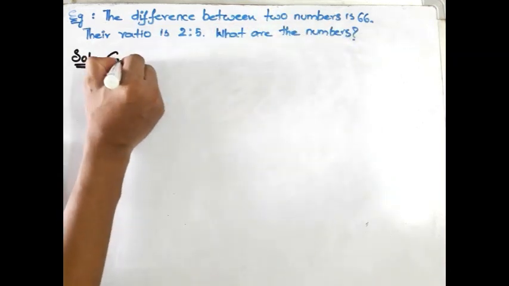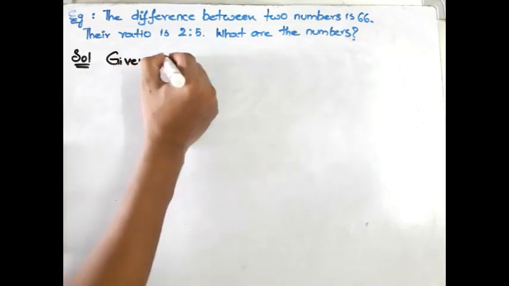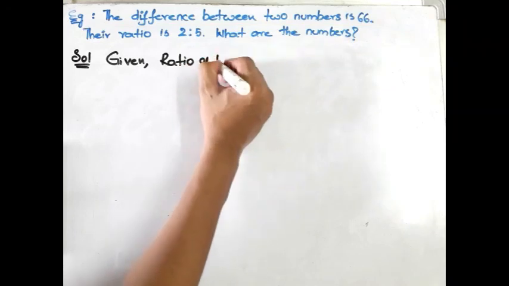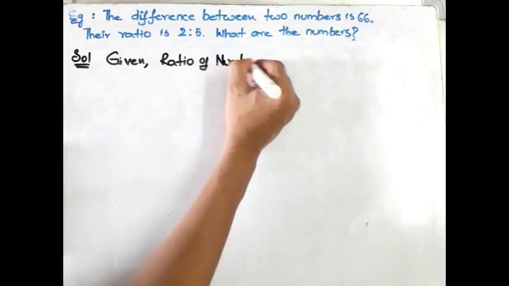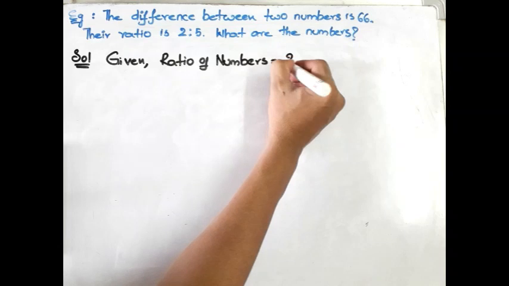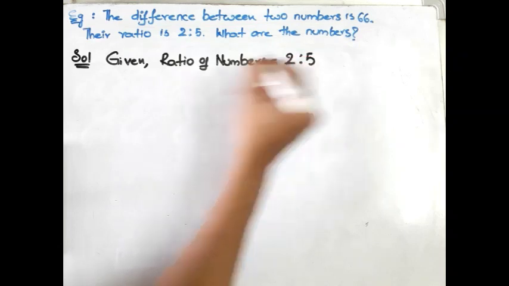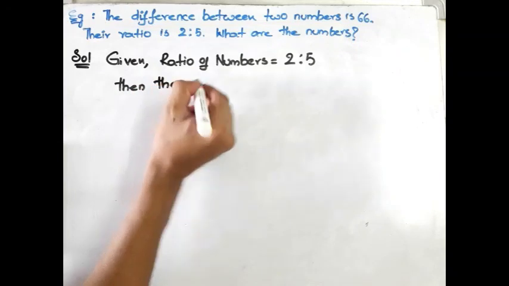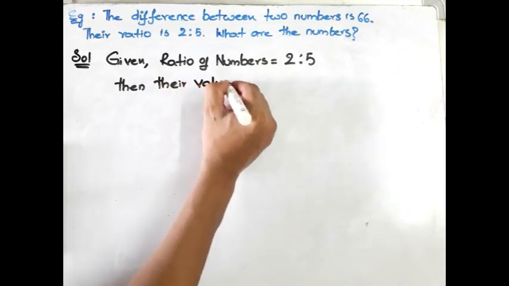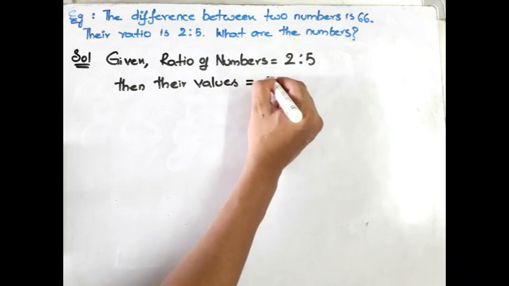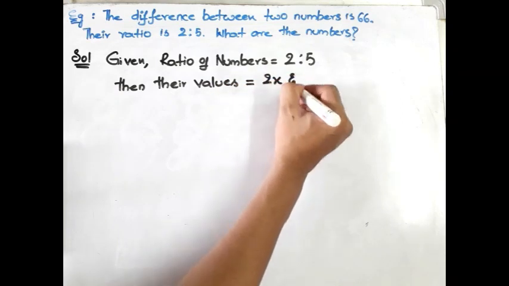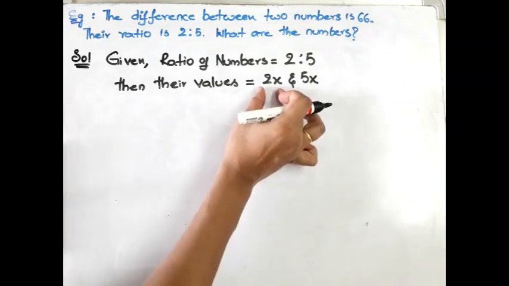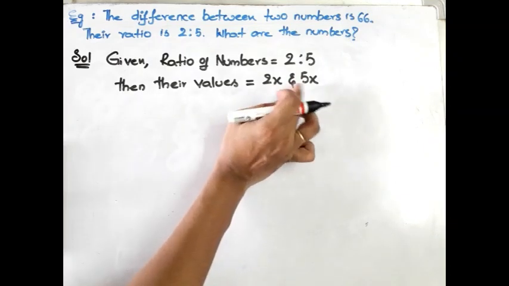So the given ratio of numbers is 2:5. Then, taking the ratio as values, the numbers will be 2x and 5x. So we are going to assume the numbers are 2x and 5x.